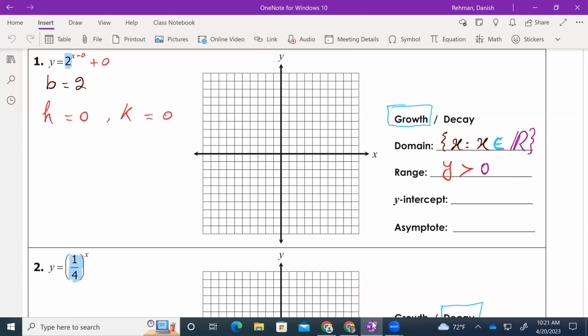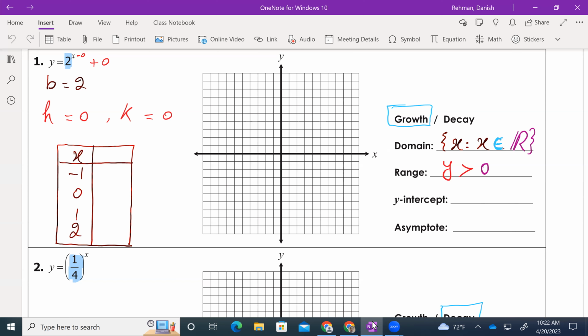What is the y-intercept? If I create a table, that can definitely help me to determine the plot as well as the y-intercept. So let's think about x being -1, 0, 1, 2, and 3.